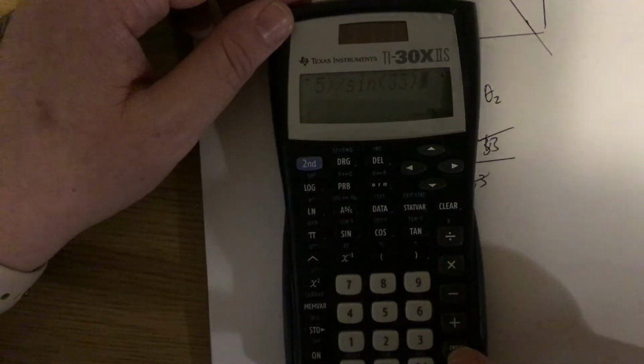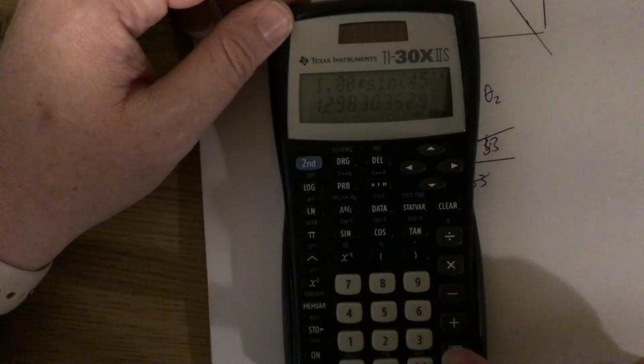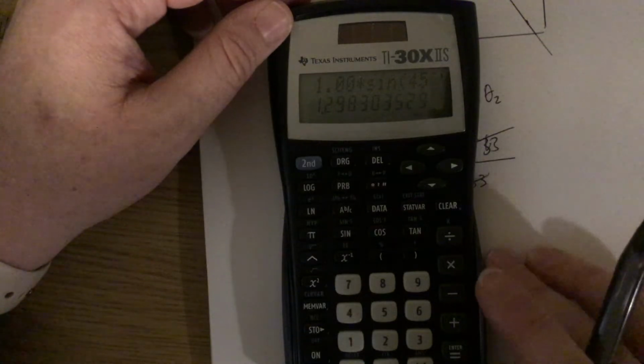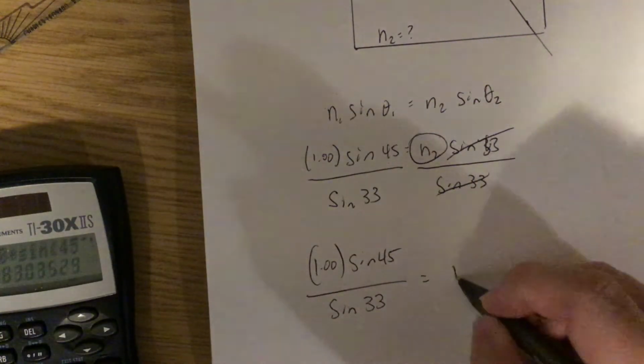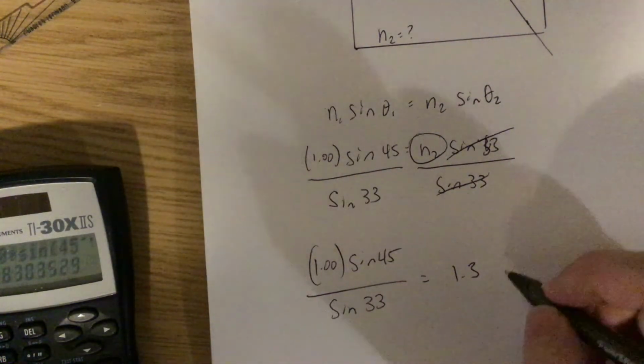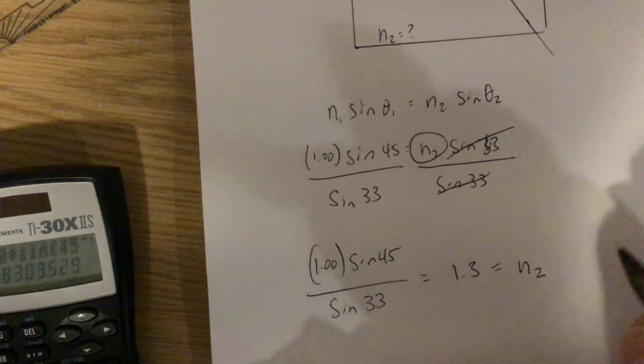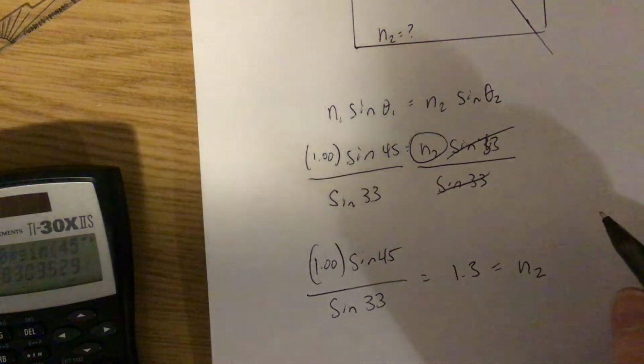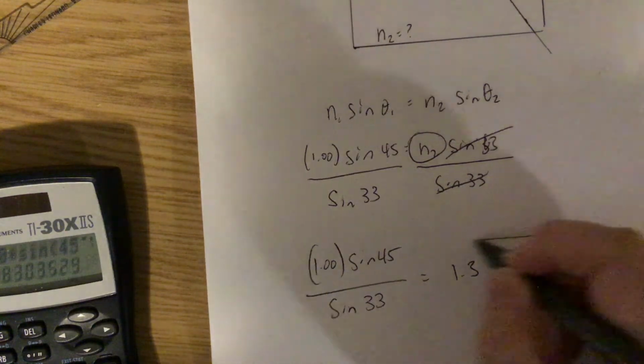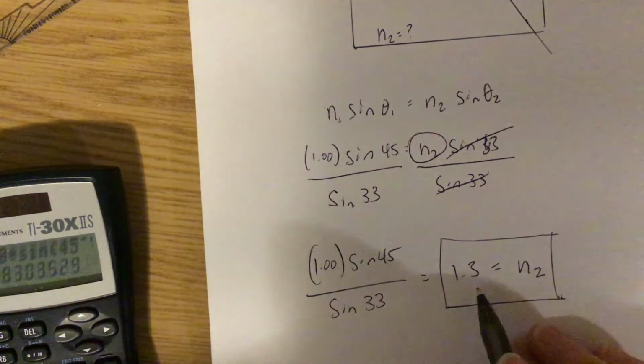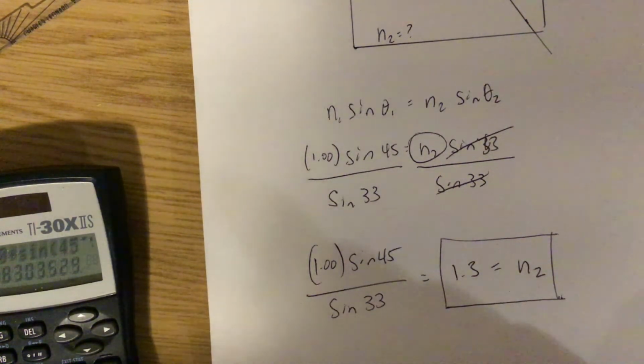It didn't do it the first time. And when I do that, I end up with 1.298. We'll just say 1.3. It will be our answer, equals n2. And n values don't have any units with them. They're just a number. So by doing that, we have 1.3 equals our n2.